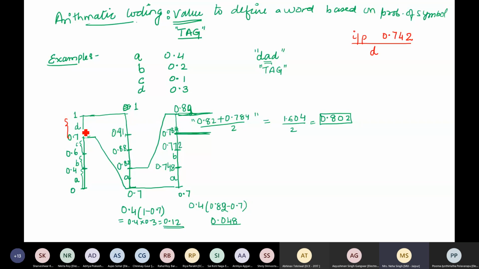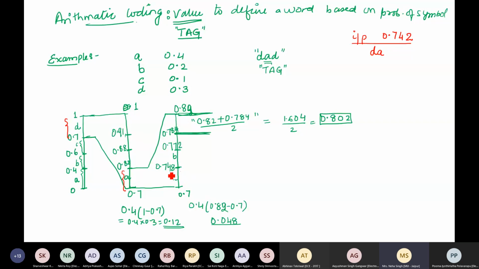So I spread the range for D now. When I spread the range for D, I again look out for this value 0.742. 0.742 lies in this region only, right? So what do I know? That I must have transmitted A. So I spread the range for A. A has been taken up and I spread the range for A. Now again look out for the value 0.742.